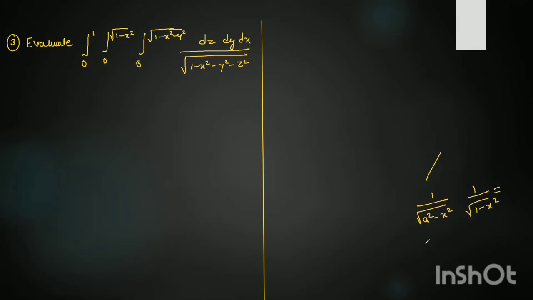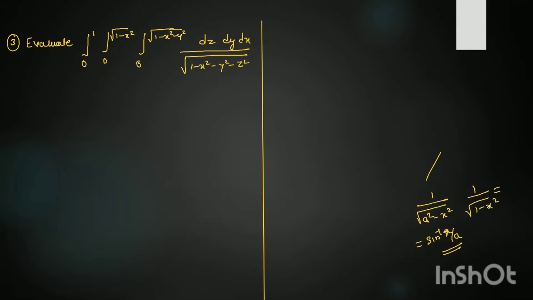And what about this? x by a, correct? Now first thing, can we convert this to the 1 minus x square form? Can we convert the denominator into the form of square root of 1 minus x square?